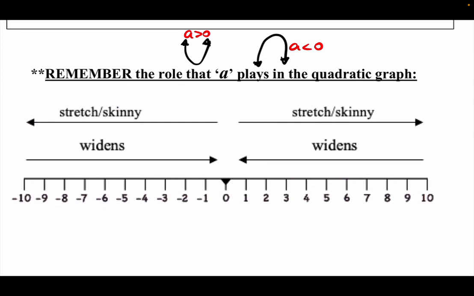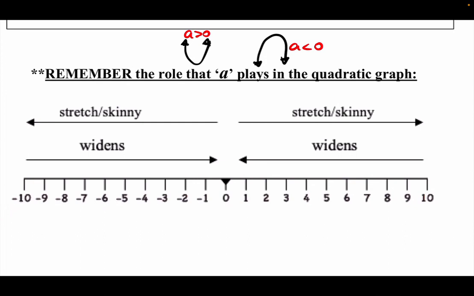If A is farther away from 0, it's going to be skinny. If A is close to 0, it's going to be wide. Okay? A does 2 jobs. Arrows up or arrows down, and then determine whether it's wide or skinny. So it just depends on which way you're going.